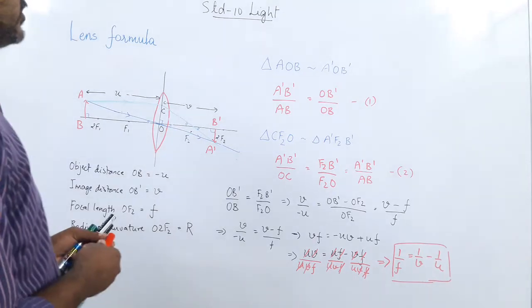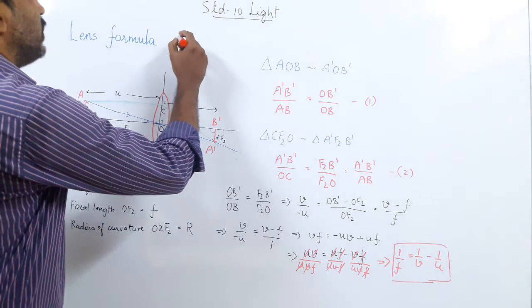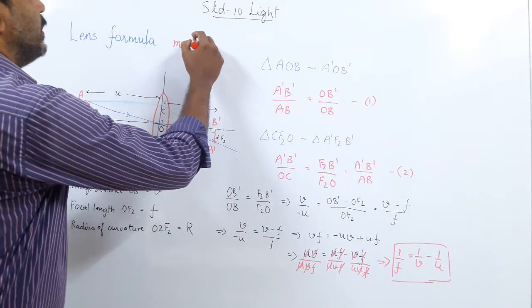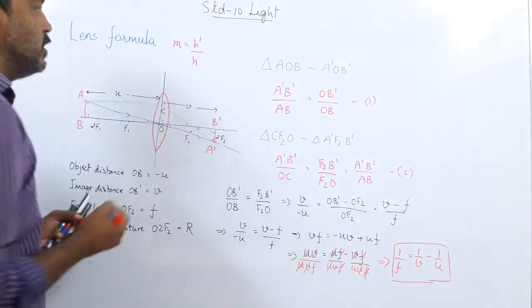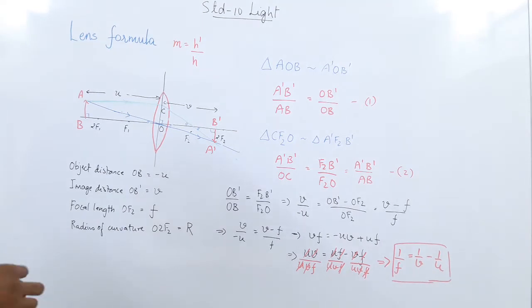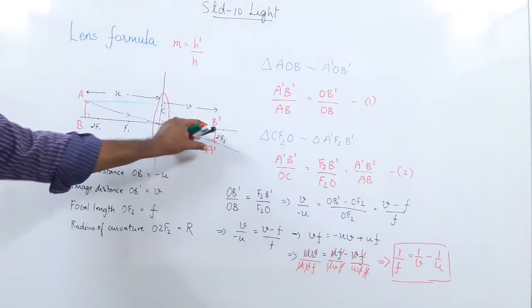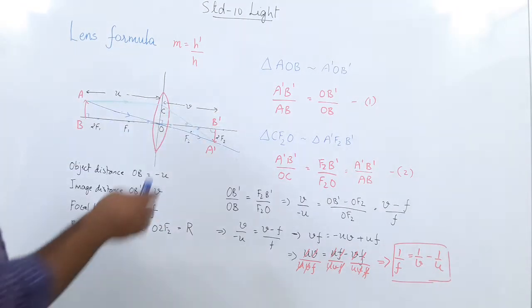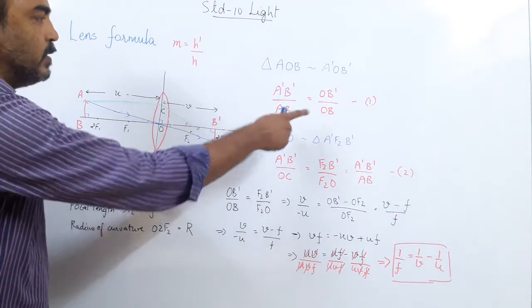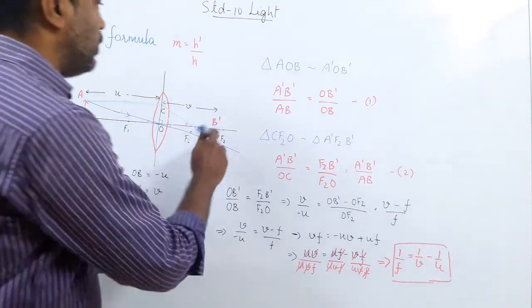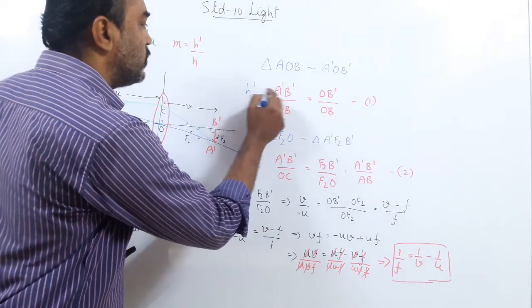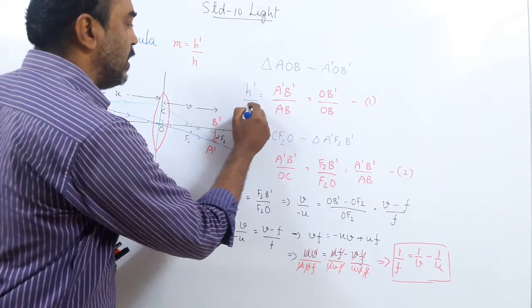Now what about the magnification? The magnification M is H prime upon H, meaning the ratio of the image height to the object height. Now, what is H prime? H prime is A prime B prime, and this is AB. So A prime B prime upon AB is also equal to OB prime upon OB. A prime B prime is the height of the image, and H is the height of the object.